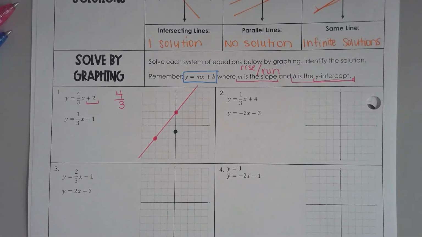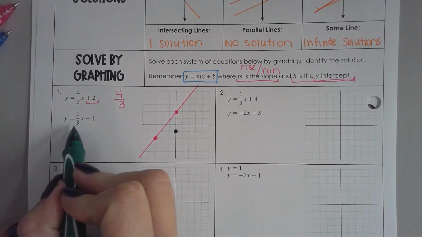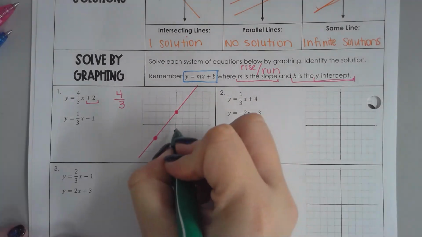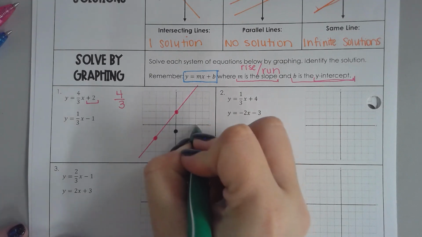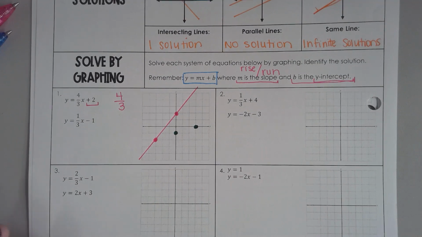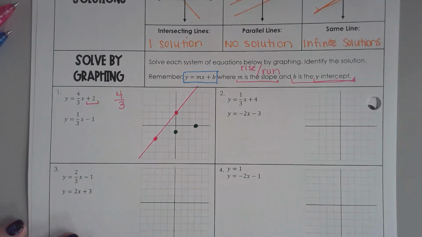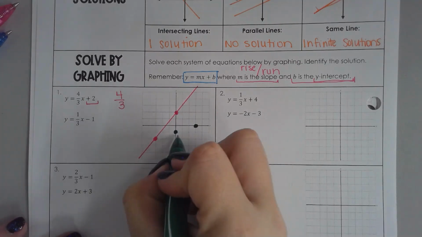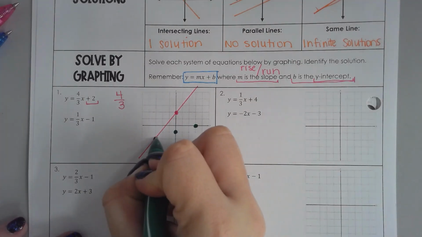And what is my slope? Kristen? 1/3. So I'm going to count up 1, right 3. Or I could switch. Instead of going up right, I could go down left. So down 1, left 3.